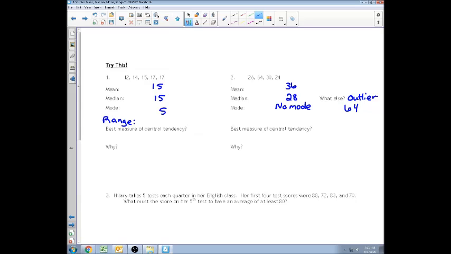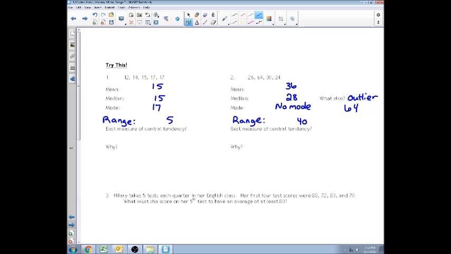The range in this case should be 5. I'm sorry. Number 1, the mode is not 5. It should be 17. I apologize. The range is 5. The range in number 2 should be 40.